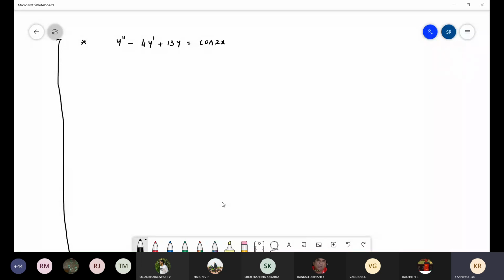You can see the RHS is a trigonometric function. Solution. So consider the problem.